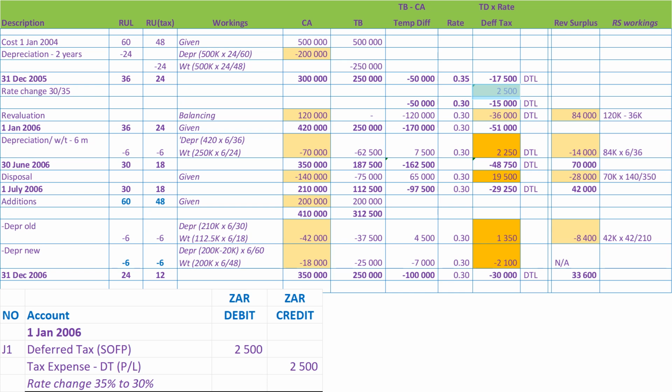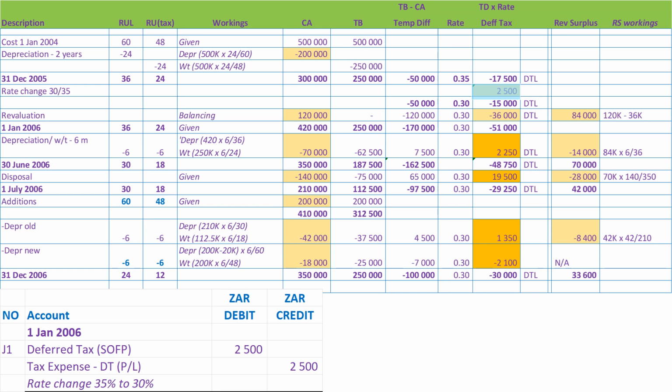Since your deferred tax liability is getting smaller, you will debit deferred tax, statement of financial position, and you will credit tax expense, profit or loss. Remember to put a suitable narration on all of your journal entries. So this is journal entry number 1.